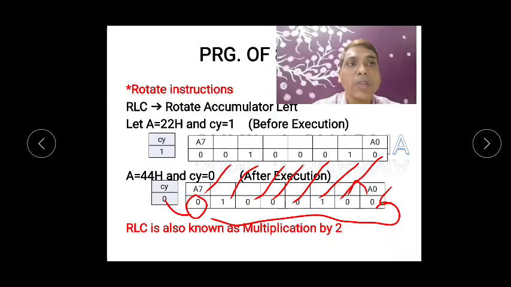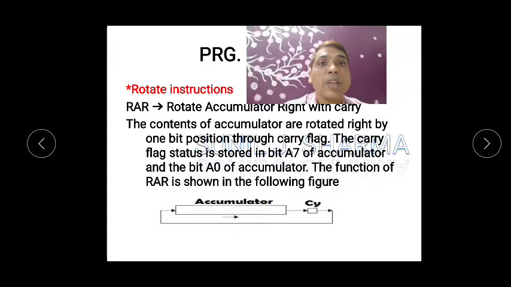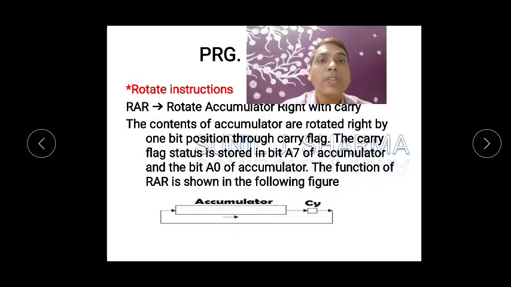Now we are going with the next two, which don't have any relationship; they just make a cycle. Rotate accumulator right, what is this instruction? RAR, rotate accumulator right with carry. The contents of the accumulator are rotated right by 1 bit position through the carry flag.